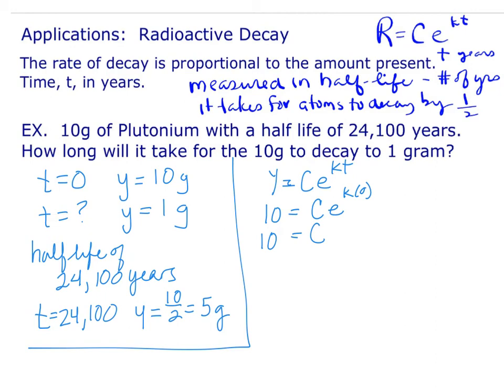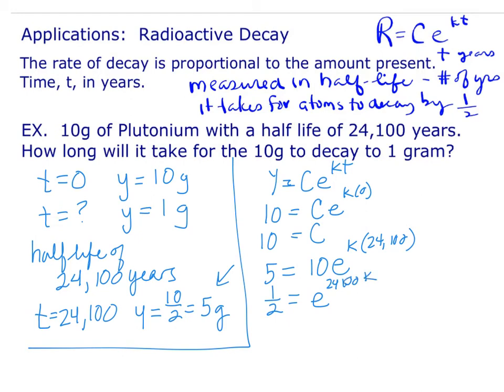Okay, so then I need k. I'm going to use this one right here, the half-life. I know that 5 is equal to 10 e to the k times time, which is 24,100 years. So this is going to be 1/2 equals e to the 24,100k.